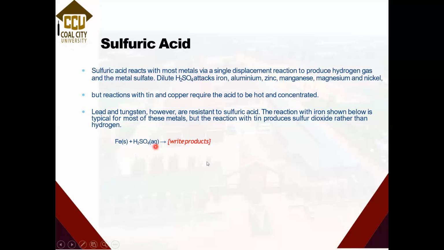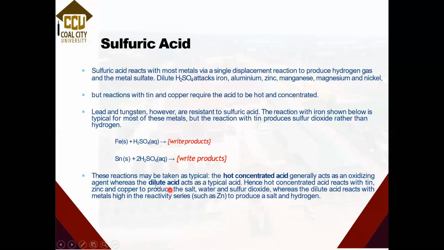The same thing will happen here. Sn is tin. Tin reacts with this and will give you tin sulfate plus hydrogen gas. The reaction may be taken as typical. The hot concentrated acid generally acts as an oxidizing agent, whereas the dilute acid acts as a typical acid.